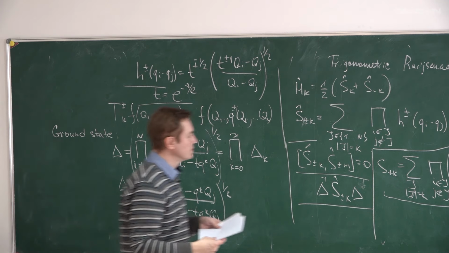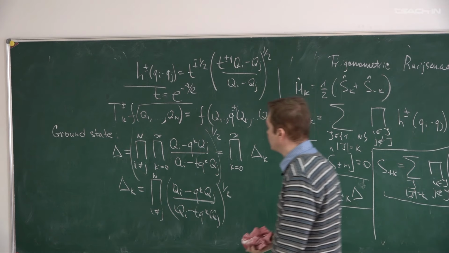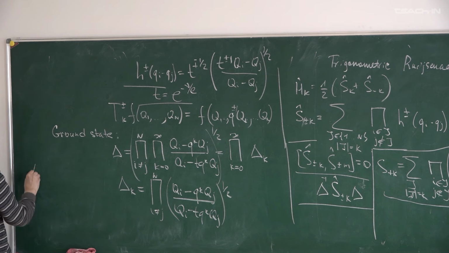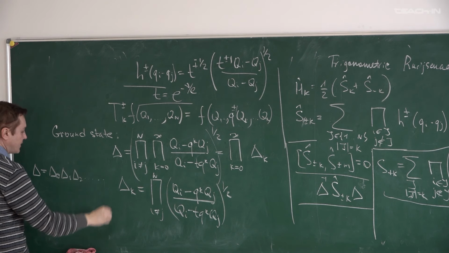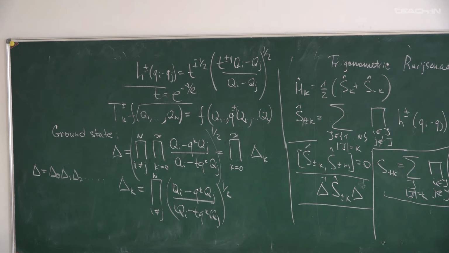And I won't go into details of this conjugation, but you may perform conjugation step by step. Our ground state is a product of delta 0, delta 1, delta 2, and so on. First conjugate by delta 0, then conjugate by delta 1, and so on.